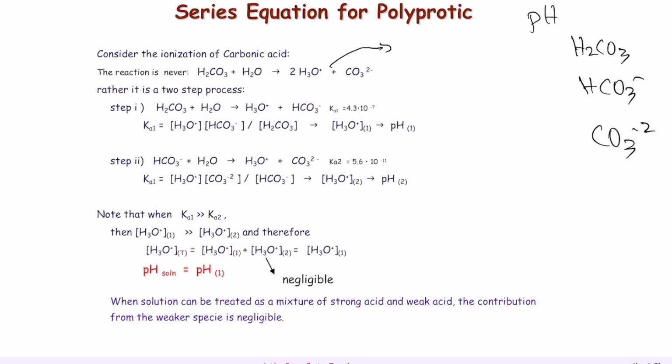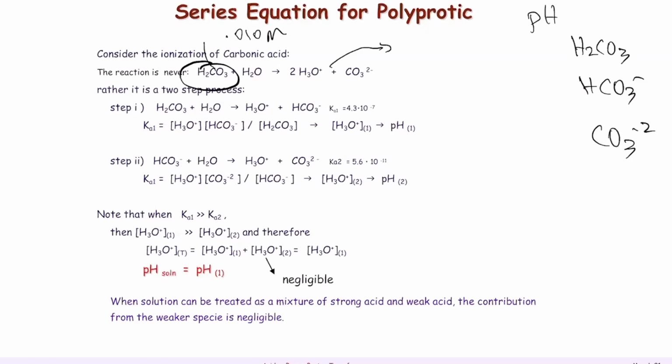If you have a certain amount of acid, let's say I have 0.010 molar, and I put that in solution, what is the pH of that solution? What is the carbonic acid concentration? What is the bicarbonate ion concentration? What is the carbonate ion concentration?